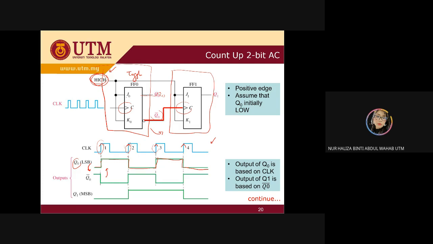Everything was connected to Q because I didn't want you to take longer, since yesterday was 4-bit. So I gave you something easier: when you have Q, it's going to be the next clock. But when you are connecting to the Q bar, it takes longer because you need to draw the toggle for your Q bar.